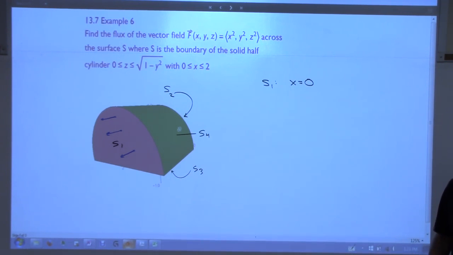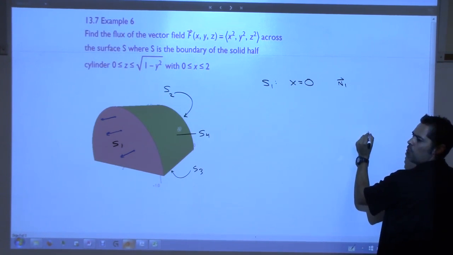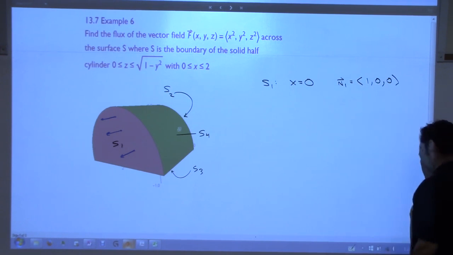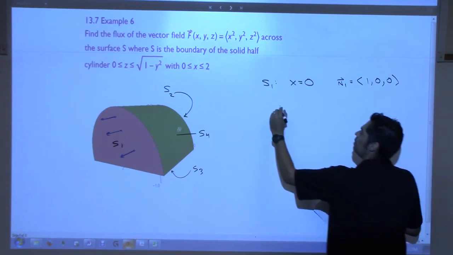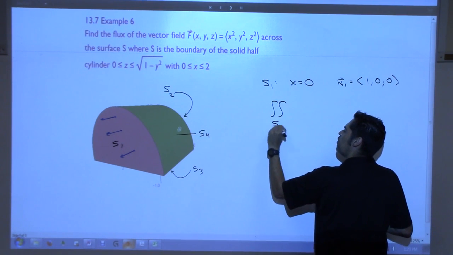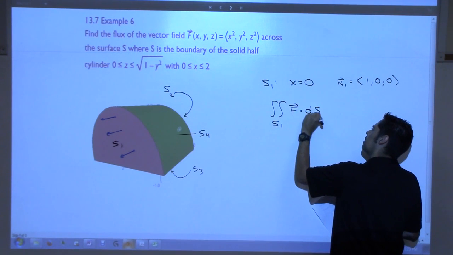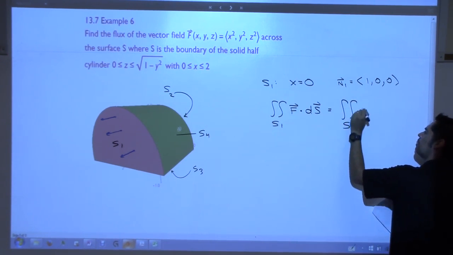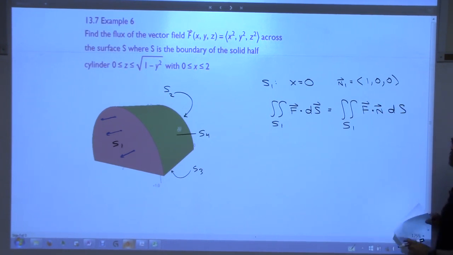1, 0, 0, right? The normal vectors for this surface S1 all have this in common. They're all 1, 0, 0. And that means that if I want to find the flux here over S1 of the vector field dotted dS, I could just do this, F dot n dS.